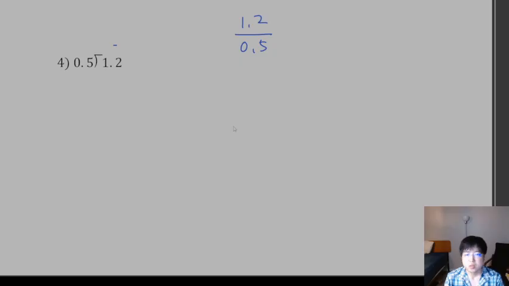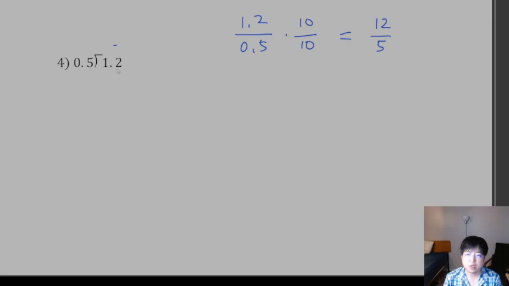Of course, I can multiply by other numbers. In this case, 2 looks good too, but just in general, you can multiply by 10, 100, 1000, so 10 to the power of something. In this case, I can multiply 10 over 10. Then this will be the same as 12 over 5, right?